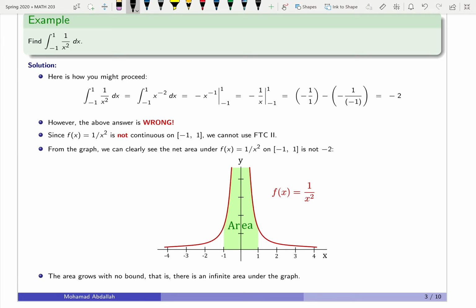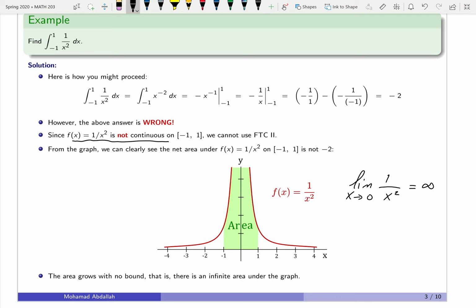So the problem is that f of x equal 1 over x squared is not continuous. And the type of discontinuity here, and that's the important part, is an infinite discontinuity. Because when you take the limit of 1 over x squared, when x approaches 0 plus or 0 minus, you get infinity.